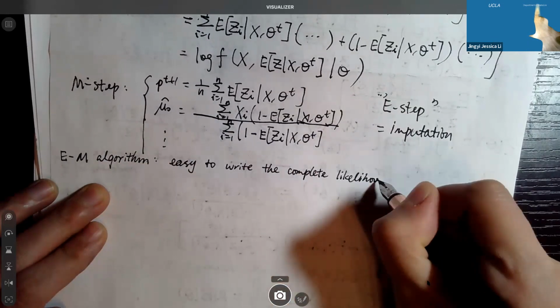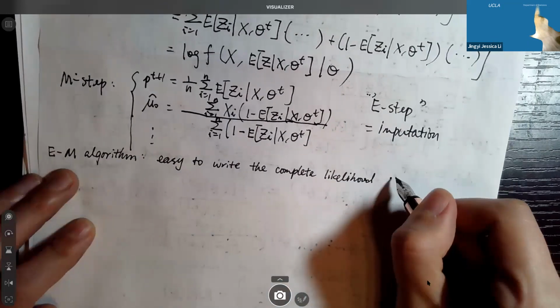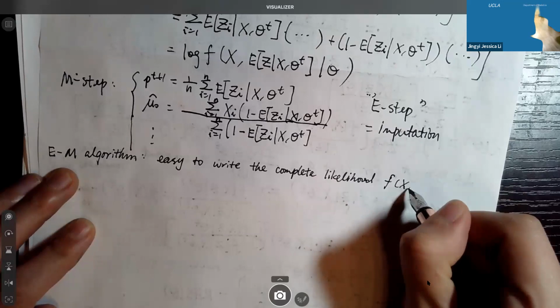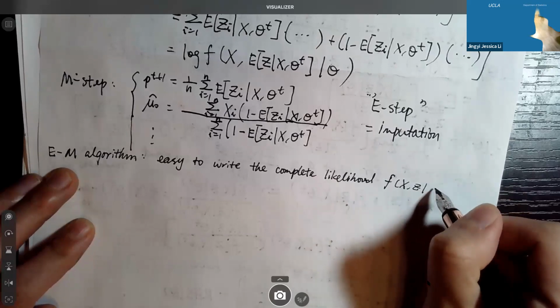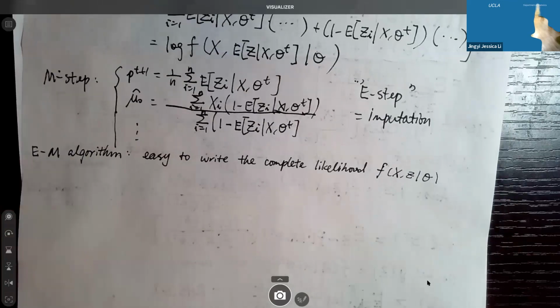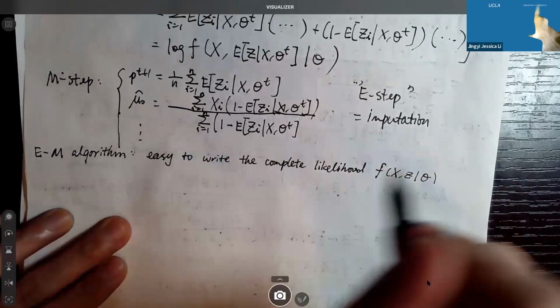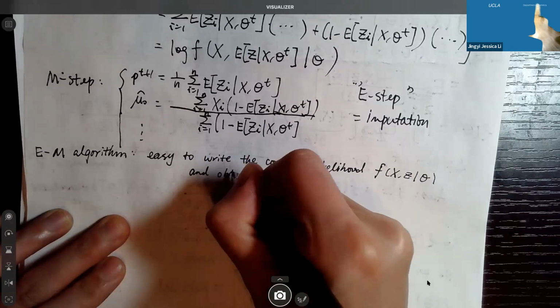Previously we wrote this as f(x, z | theta), right? So x is the feature vector. In our case, z is the label, the observation label. So this is easy to write down and obtain the MLE.